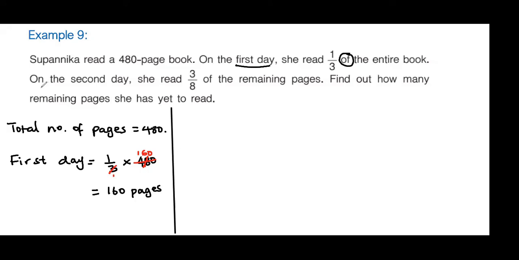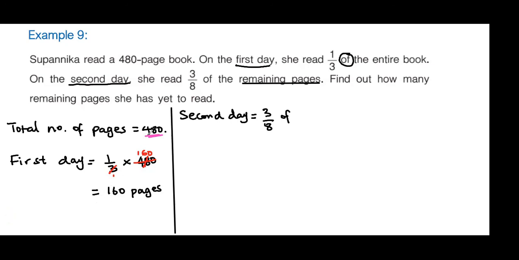Now, on the second day, she read 3 out of 8 of the remaining pages. How many pages are remaining? Remember, the total is 480. She read 160 on the first day. How many pages are remaining? 116.